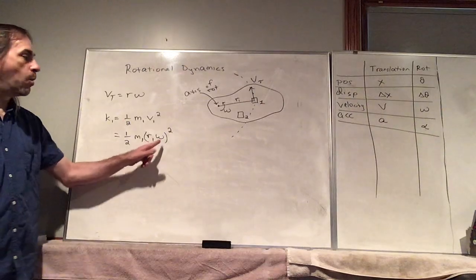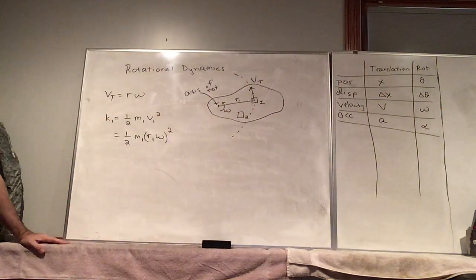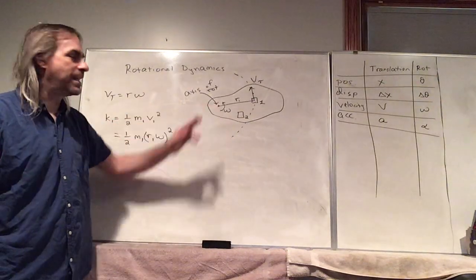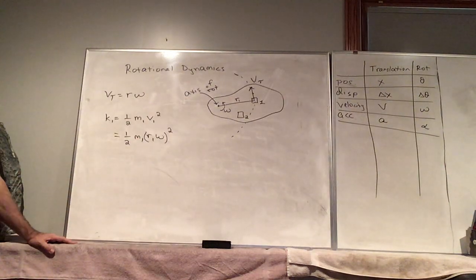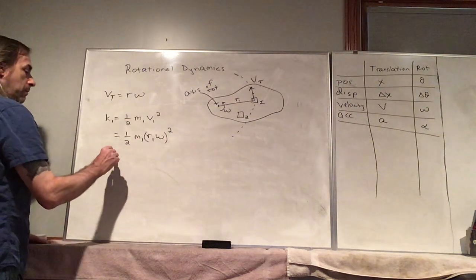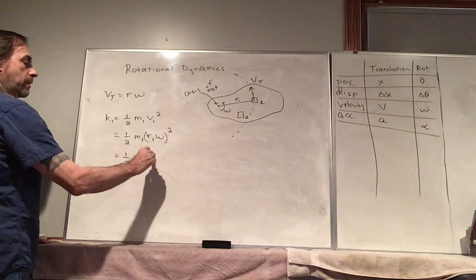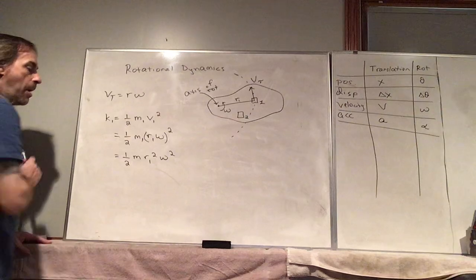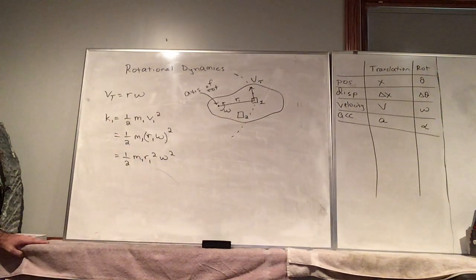We do not need omega 1. Every piece on this rotating object has the same angular velocity, except for the piece right at the center, but the radius is 0 in that case, so it doesn't matter. We can distribute that exponent, and there we go. Okay, so that's the kinetic energy of that one piece.